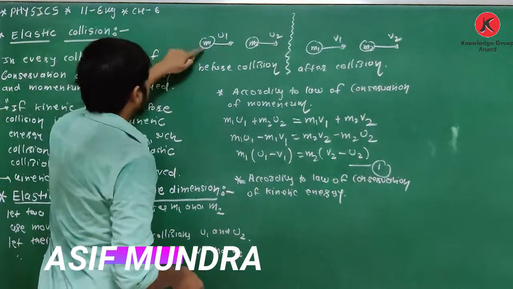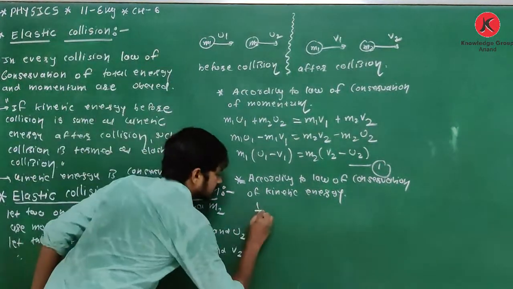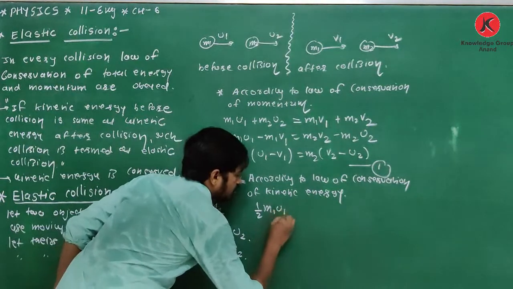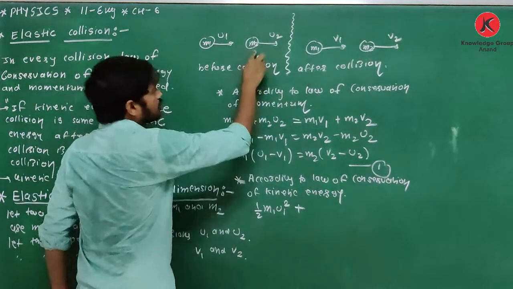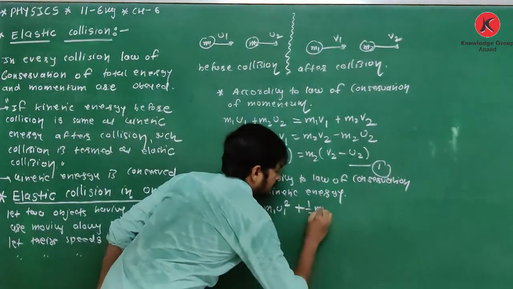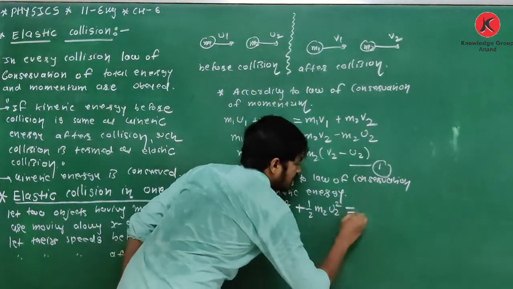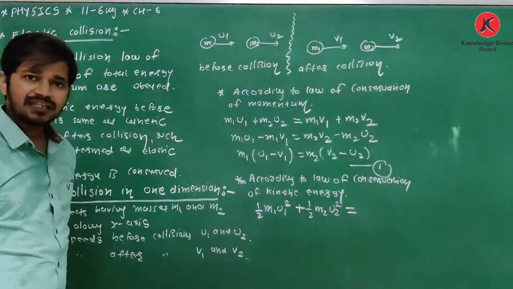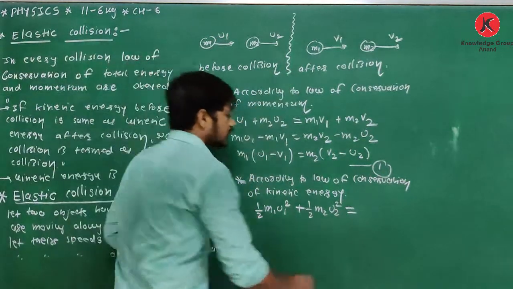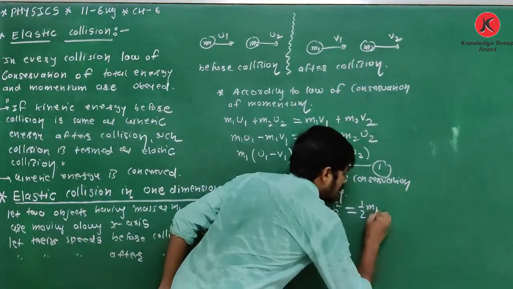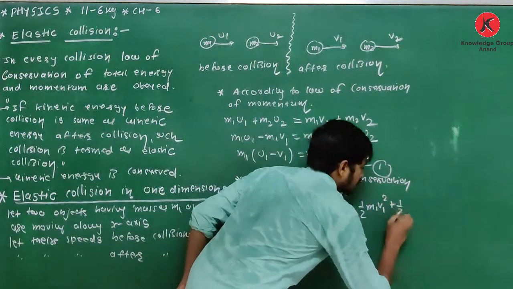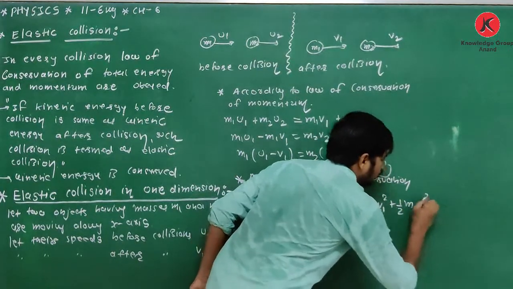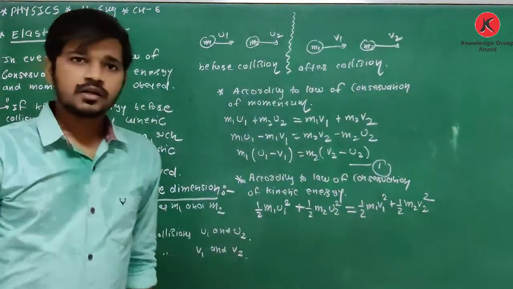This m1 block is moving with speed u1, so it is half m1 u1 square plus, for this block, half m2 u2 square. Total kinetic energy before collision is equal to total kinetic energy after collision, half m1 v1 square plus half m2 v2 square.